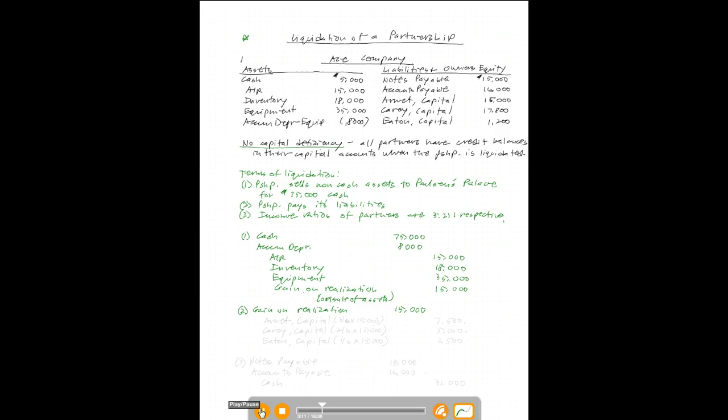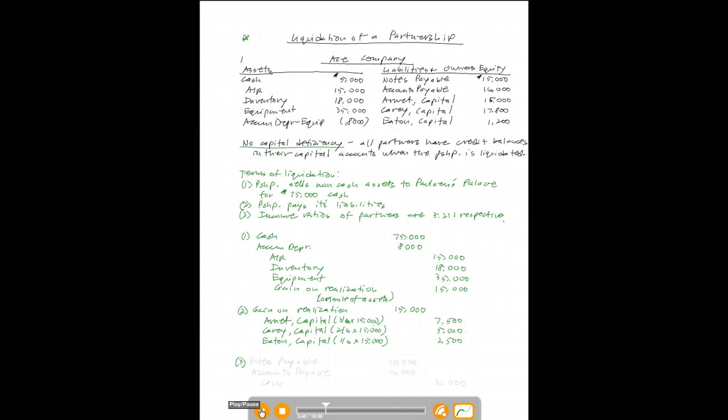So 3/6 goes to Arnett, 2/6 goes to Carey, and 1/6 goes to Eaton. So Arnett Capital, 3/6 times 15,000 is 7,500. 2/6 times 15,000 is 5,000 to Carey, and the remainder, 2,500, goes to Eaton.